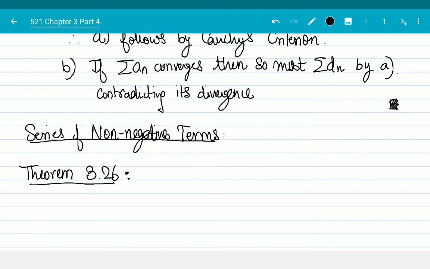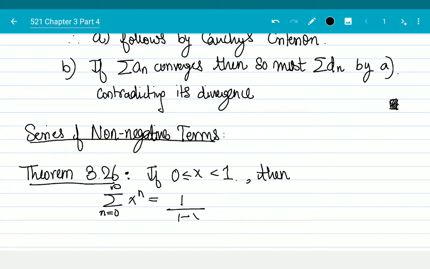Okay, so let us look at the geometric series. If 0 is smaller than or equal to x, oh, not smaller than or equal to, it has to be strictly smaller than 1, then summation n equal to 0 to infinity of x to the n is equal to 1 over 1 minus x.